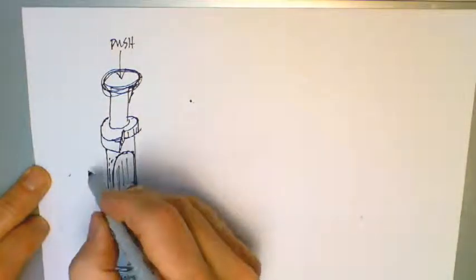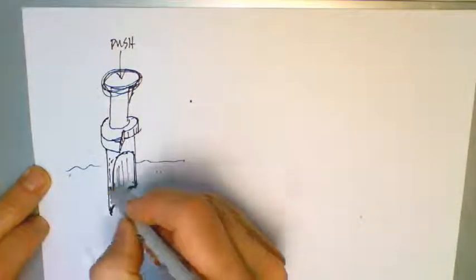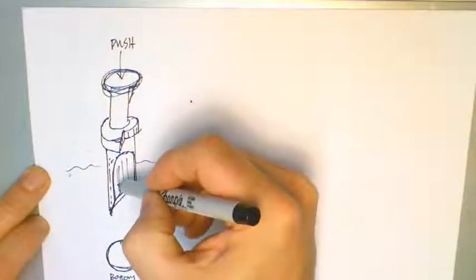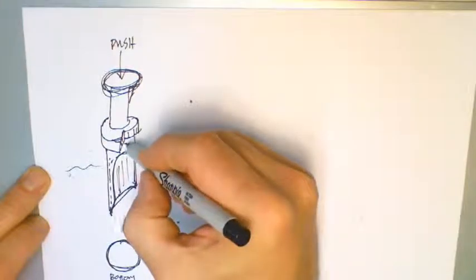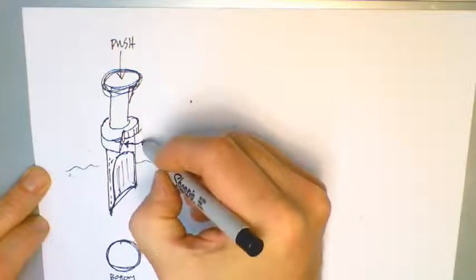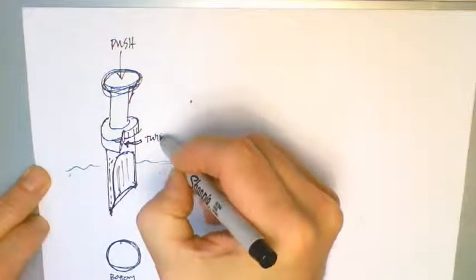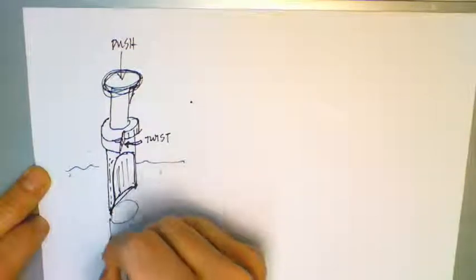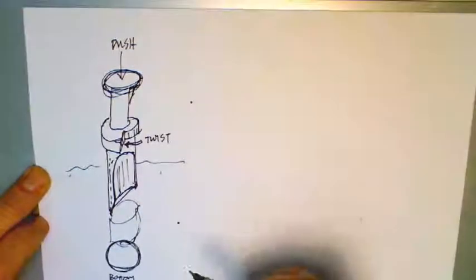And so the way you'd use this is you'd press this cylindrical cutter down into the ice cream, and then you'd put your thumb right there, and you'd use it to twist the cutter to form a cylindrical plug of ice cream.